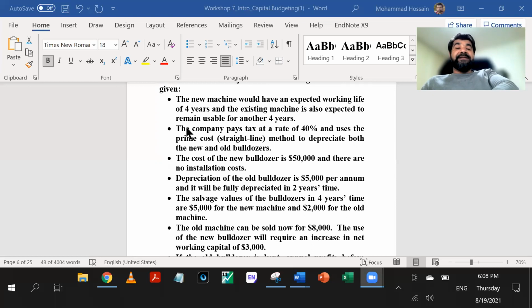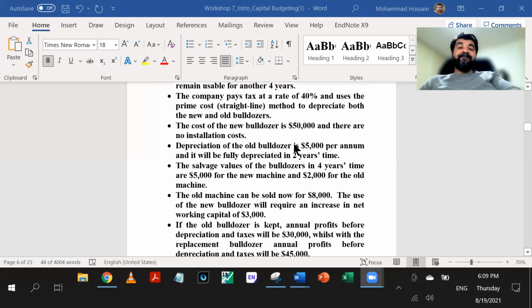The company pays a tax rate of 40%, because these are different countries' books; Australia is 30% tax. It uses the straight line method to depreciate both the new and old bulldozer.